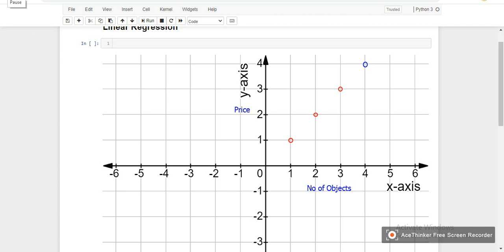So finding or analyzing the relationship between the dependent and the independent variables is called regression. And representing this relationship with a line equation or with a linear line is called linear regression.